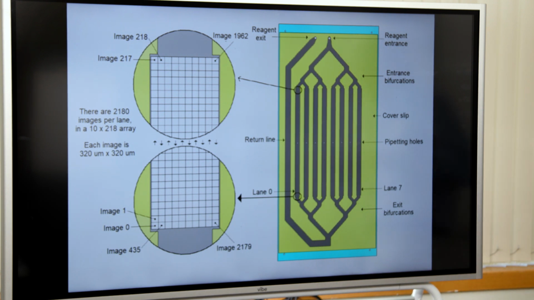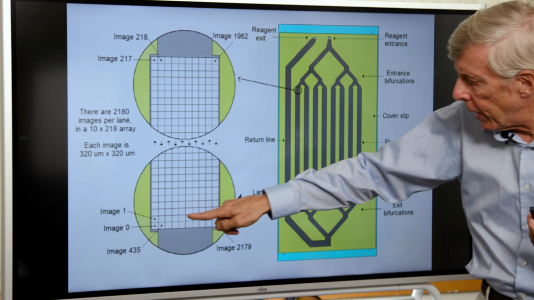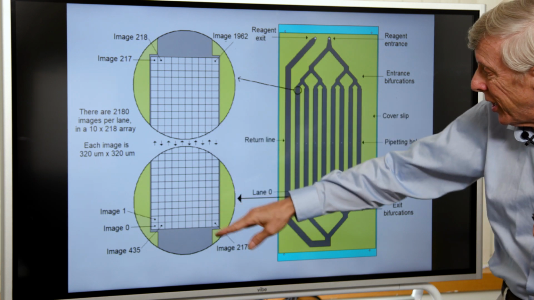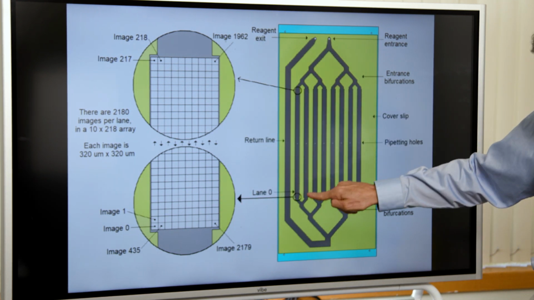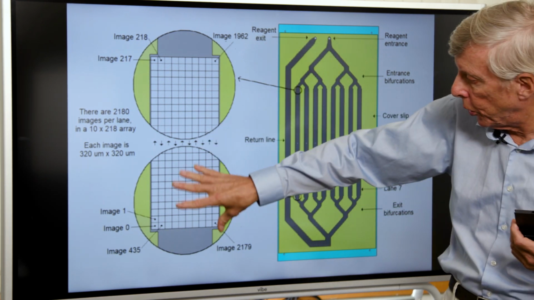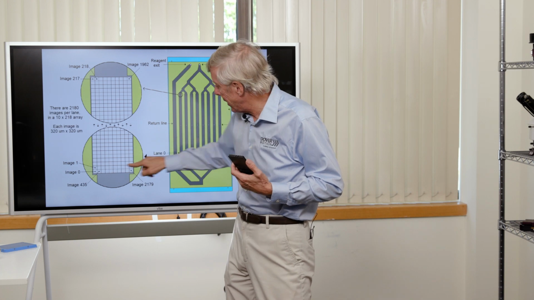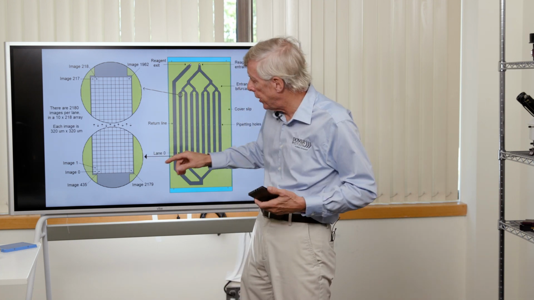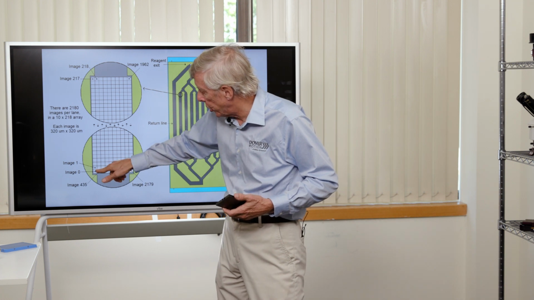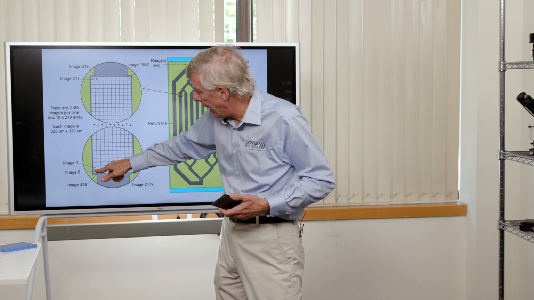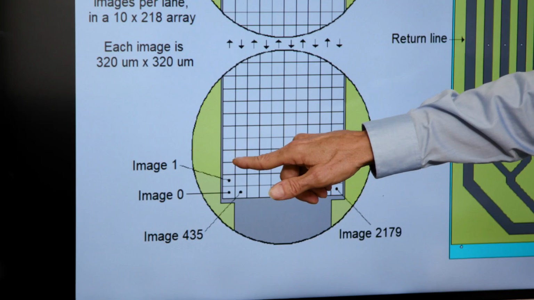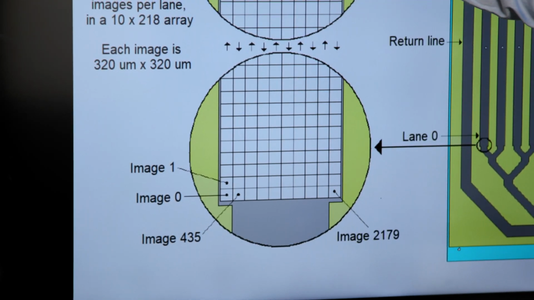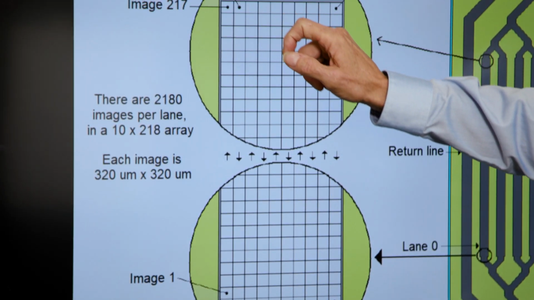And if we can zoom in here, we have image 0. We're looking here at a single one of these lanes. So this little black circle, we're blowing it up. And that one lane, which is, I think, maybe about 5 millimeters wide, we have image 0 in the lower left. And then we move to image 1 and on and on and on, all the way down to image 217.